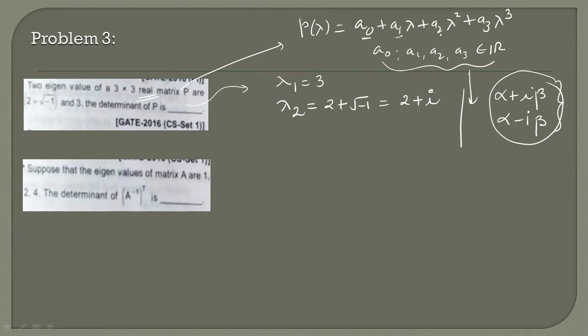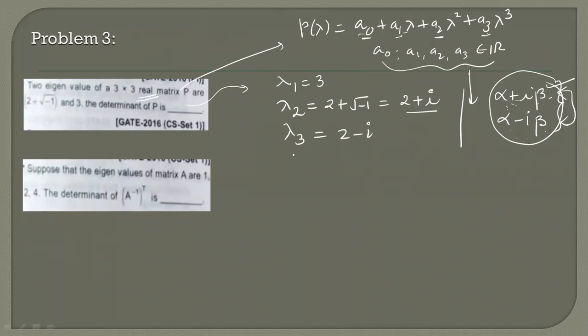If the coefficients are real numbers, then only you can claim pairing of the conjugate pair, alpha plus i beta and alpha minus i beta. If the entries are complex, then you cannot make this comment that roots will be in complex conjugate form, but entries are coming from real numbers. Therefore, these roots will be coming in complex conjugate form. So another root will be its complex conjugate, that will be 2 minus iota.